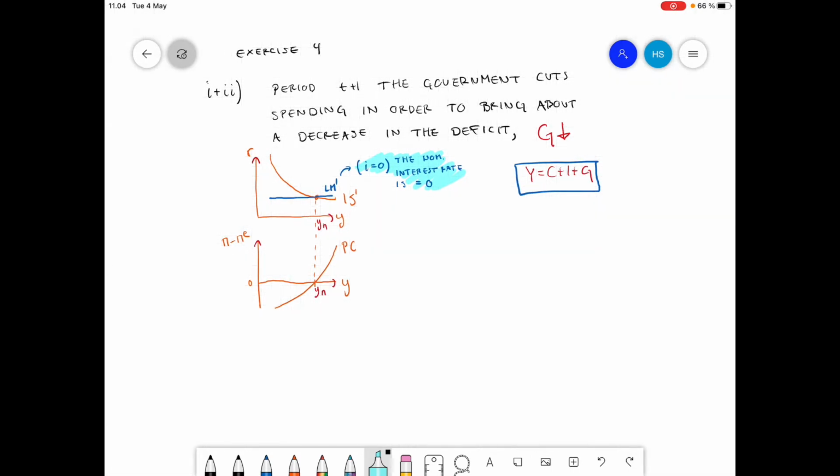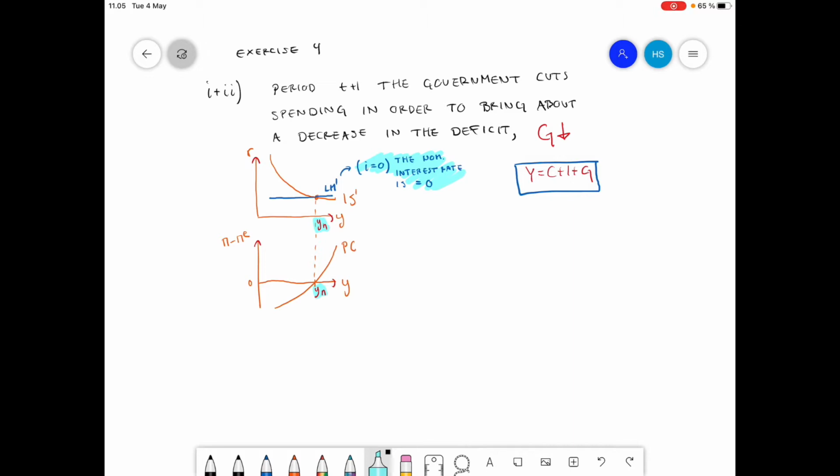There is a large government deficit and the economy is operating at potential. That means that the output level is equal to Yn, the natural level of output. What is going on is that there is a newly elected government and they choose to cut spending, thereby reducing the deficit in period t+1, t+2 and the subsequent periods.